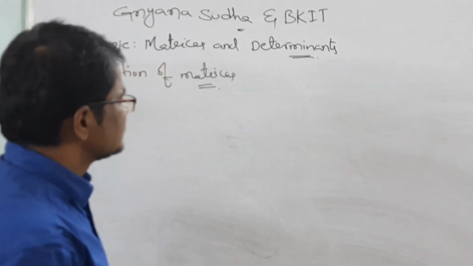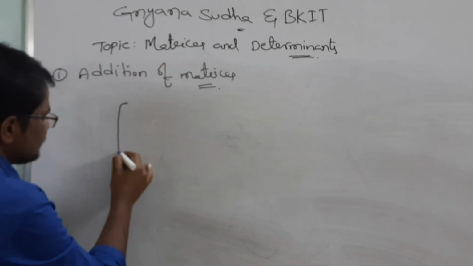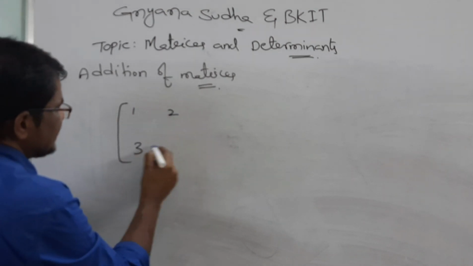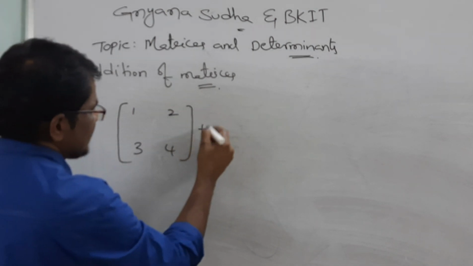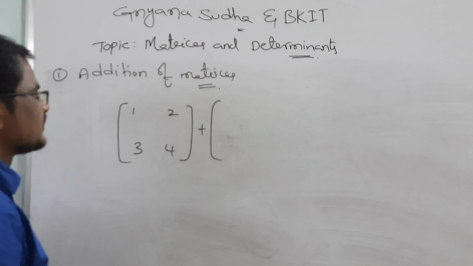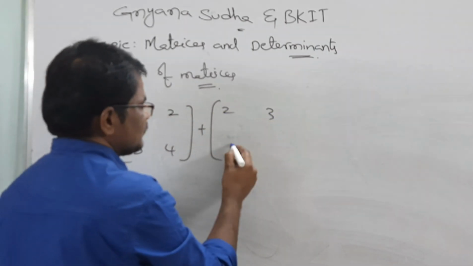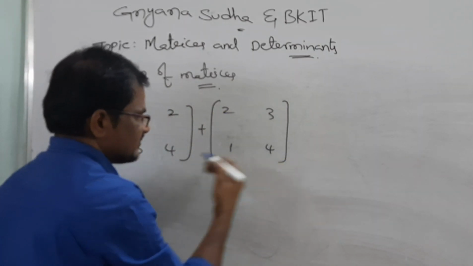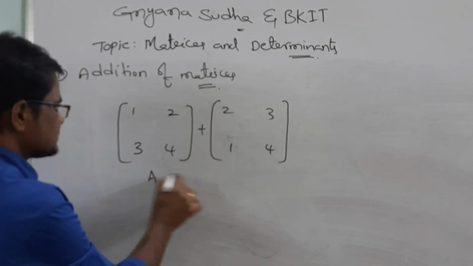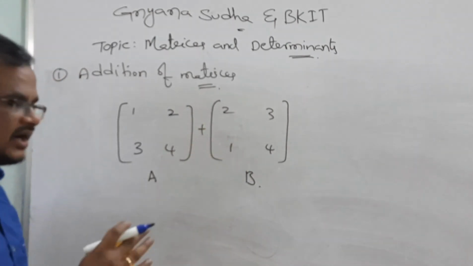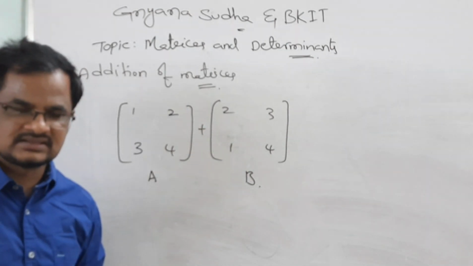That's it. Suppose you take [1, 2; 3, 4] plus [2, 3; 1, 4], like this they give it. So this is matrix A and this is matrix B. We have to add these two matrices.